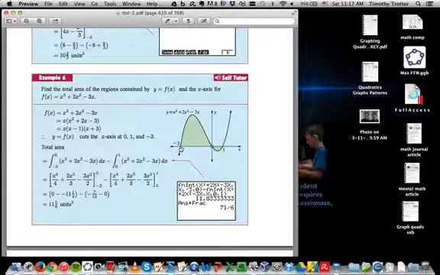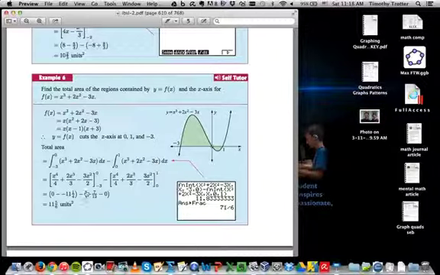One, we can think of this as two integrals. We'll integrate from -3 to 0, and of course that'll be some positive number. Then we will find the area of this part from 0 to 1, which will come out to be negative. To balance that out, we'll subtract this negative number.